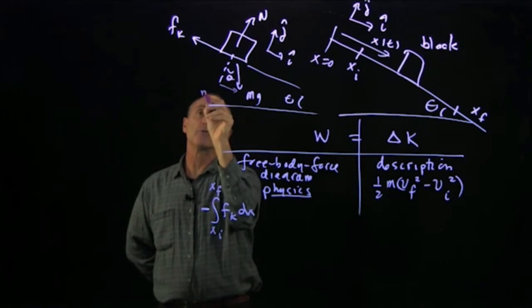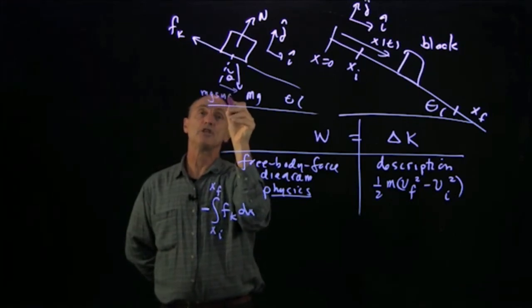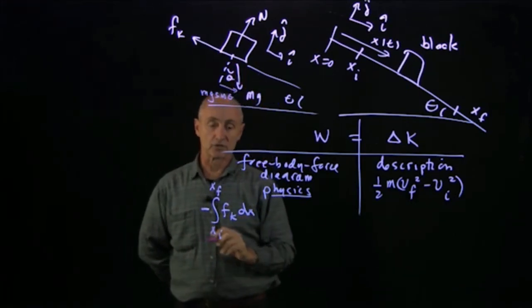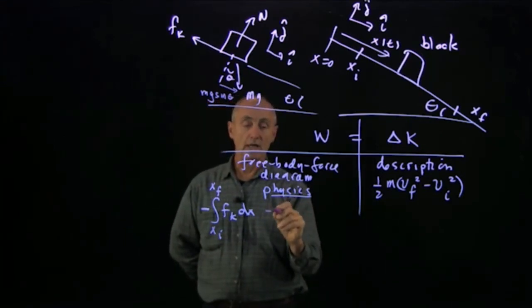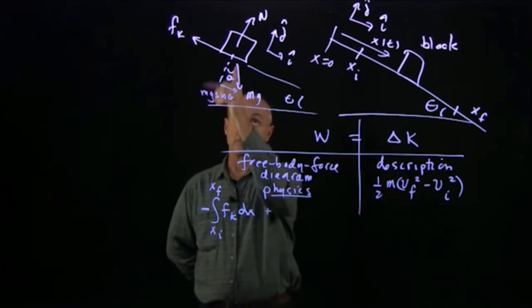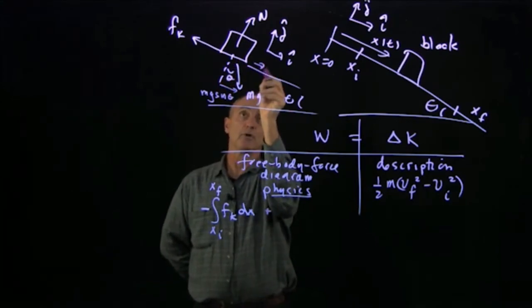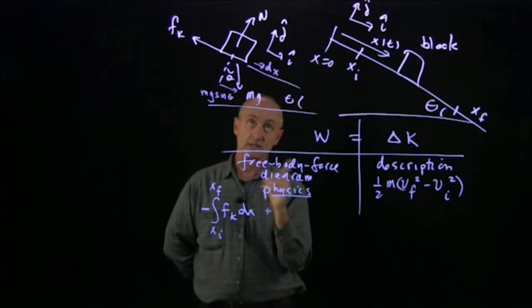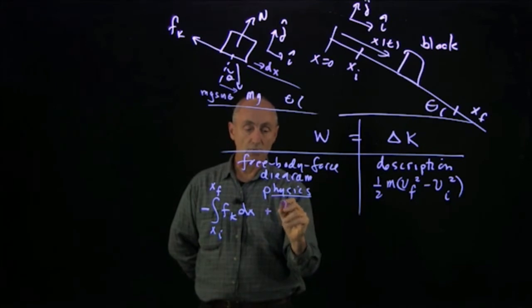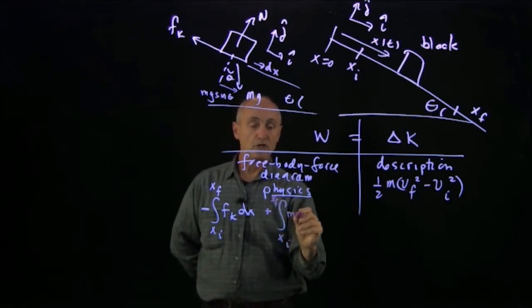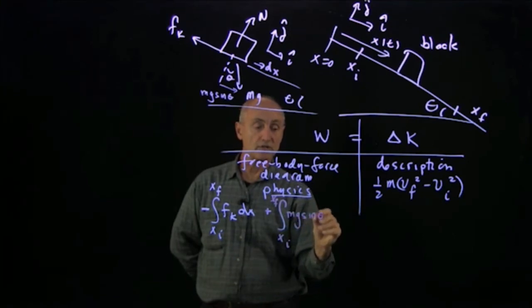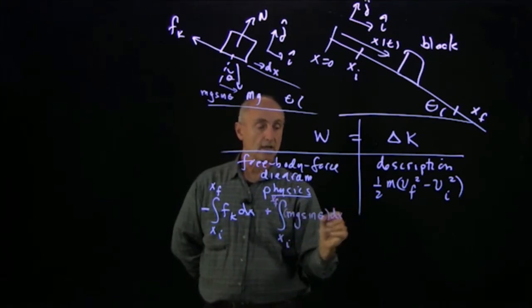Well, the gravitational force has a component mg sine theta in the x direction. So when we integrate that x component, we have now plus, because it's in the same direction. Remember, we're displacing a little bit dx down the inclined plane, so we're going from x initial to x final of mg sine theta, which is a constant, dx.